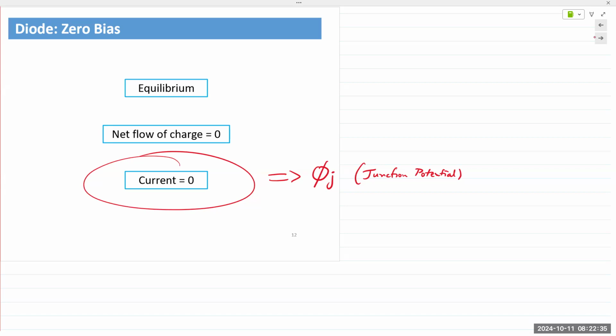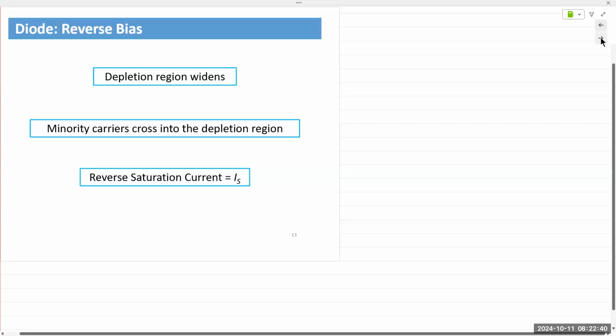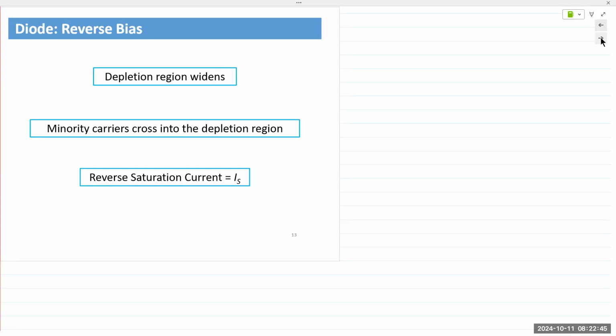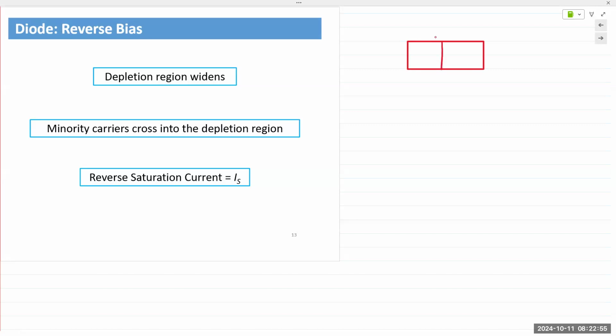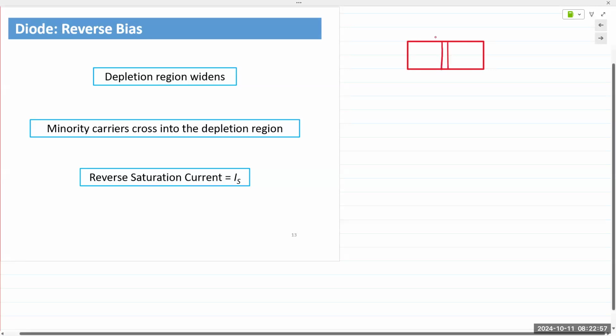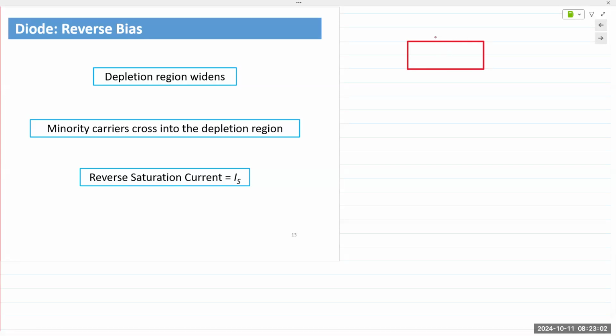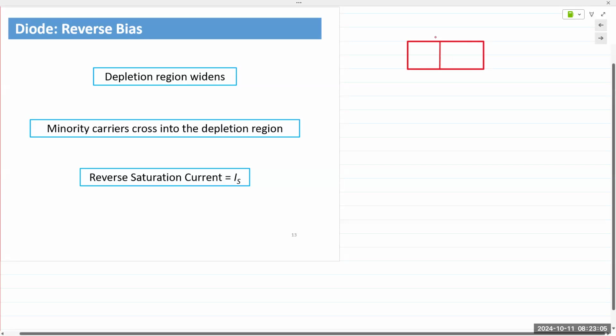So what happens if we apply a voltage, an external energy source, one in the reverse bias and the other in the forward bias? What is reverse bias, first of all? Let's do this.